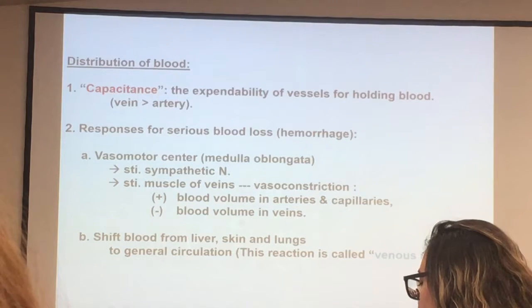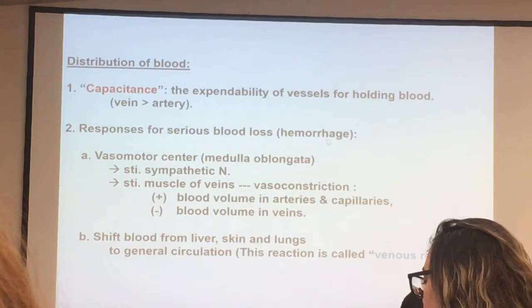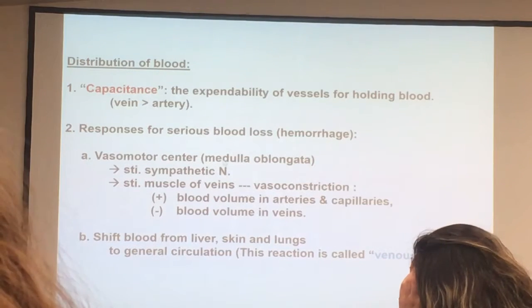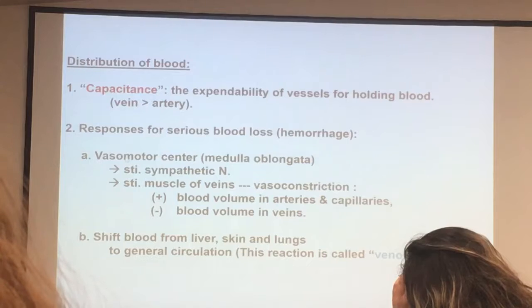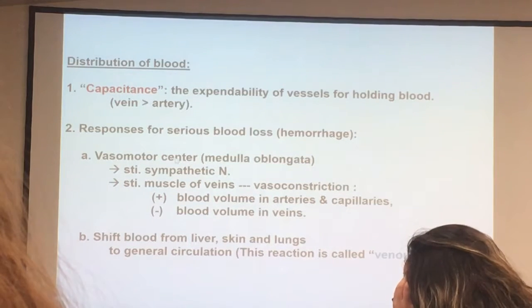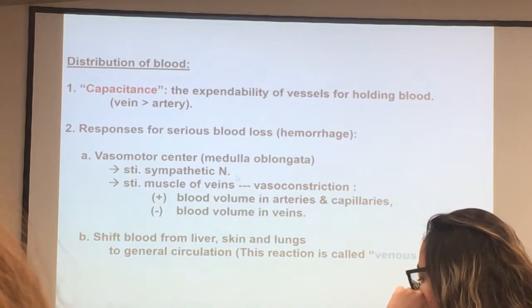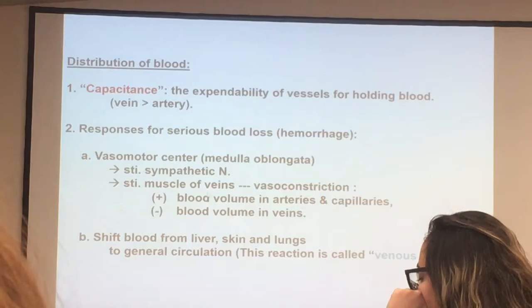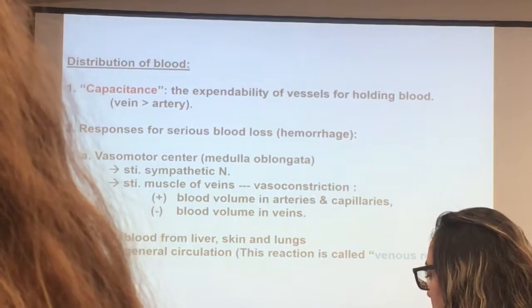And if we lose blood, the medical term is hemorrhage, and we have this quick reflex. It goes to the brainstem, called the medulla oblongata, an area called the vasomotor center. It quickly stimulates the sympathetic nervous system, and it will stimulate the vein muscle to contract, vasoconstriction.